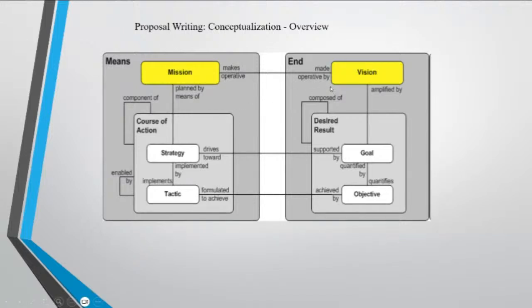The end is the vision that you want to bring about. What does the world look like when you finish doing what you're doing? This is what we call the desired results that you plan to bring about. And you bring about these desired results by putting together your goals and your objectives.